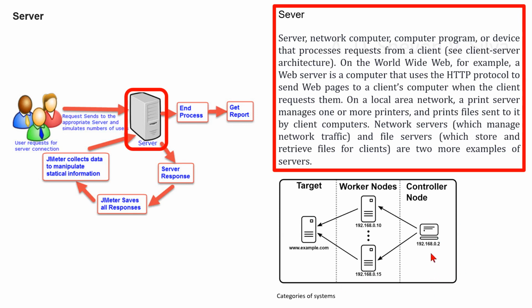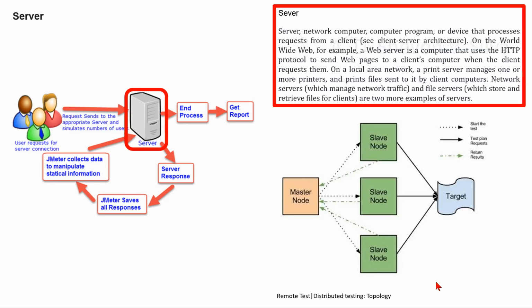Here you can see the controller node. The controller node is connected to worker nodes, and worker nodes are connected to the target. Here you can see a topology in a remote test or distributed test. Client or master: the system running JMeter, which controls the slave remote nodes and doesn't send any requests.